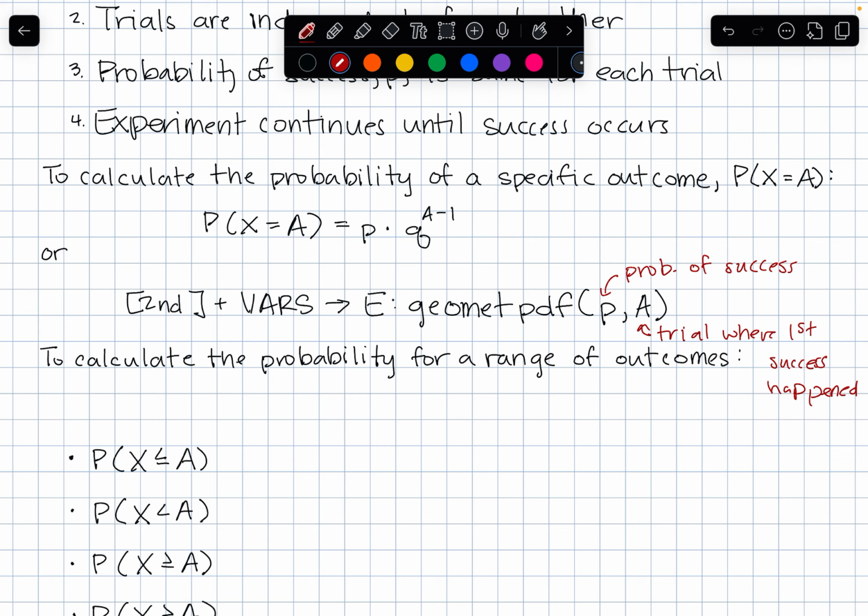That's pretty straightforward. If I want to find the probability that the first success occurred on trial 5, it's geomet PDF, whatever my p-value is, comma 5.